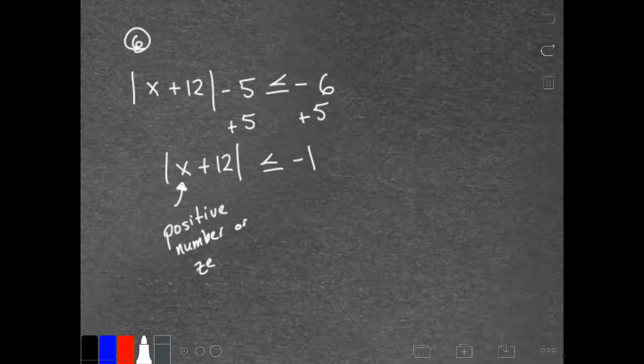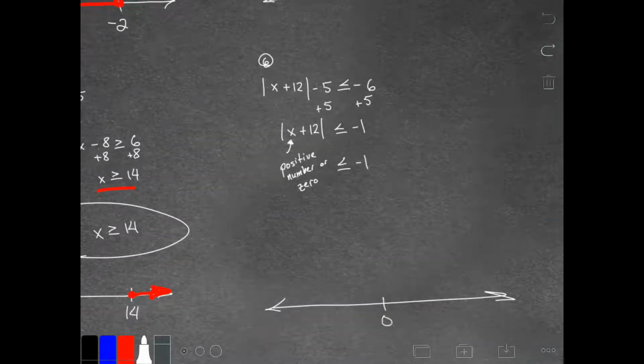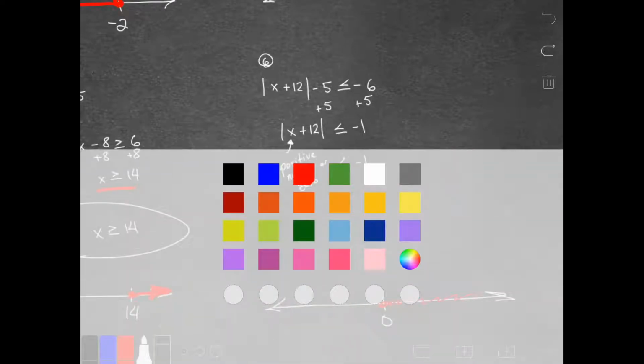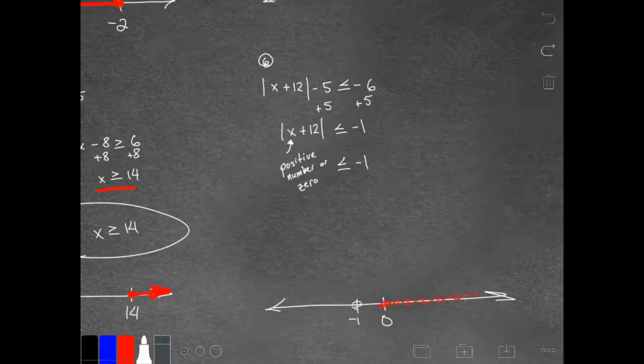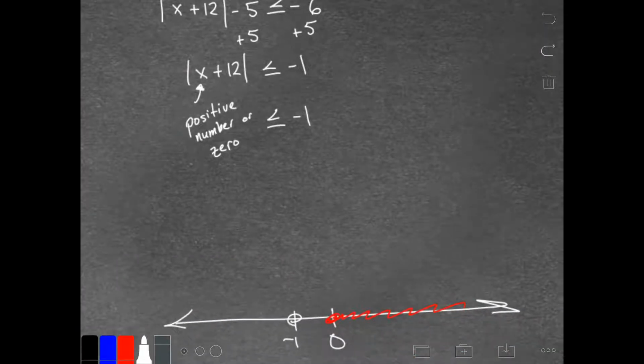or 0. And I want to know what positive number or 0 is going to be less than or equal to negative 1. If I think about that on a number line, absolute value is always going to be positive or equal to 0, but I want to know what's less than negative 1. Can you see what we're looking at here?